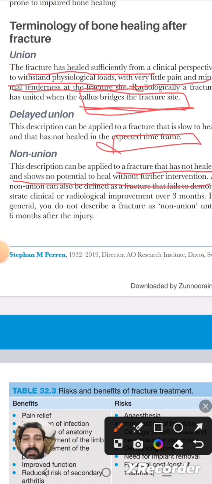But a minimum of 6 months is required after trauma or fracture to label a fracture as non-union. Before 6 months, we can say there is delayed union, but we cannot say there is non-union.